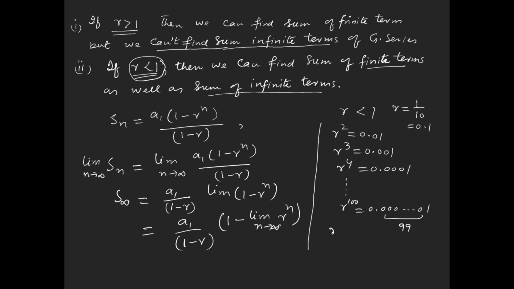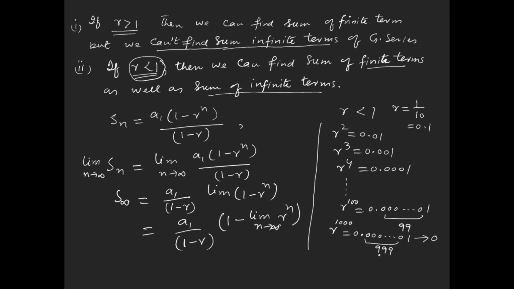If we increase the power, suppose to 1000, then how many zeros will we have? 999 zeros, then 1. So as we increase the power, the value of r power n approaches 0.